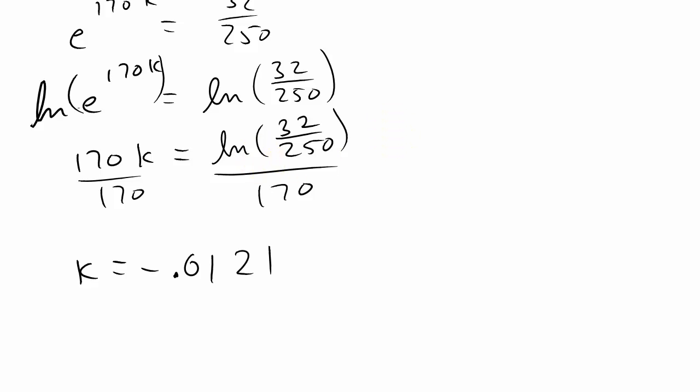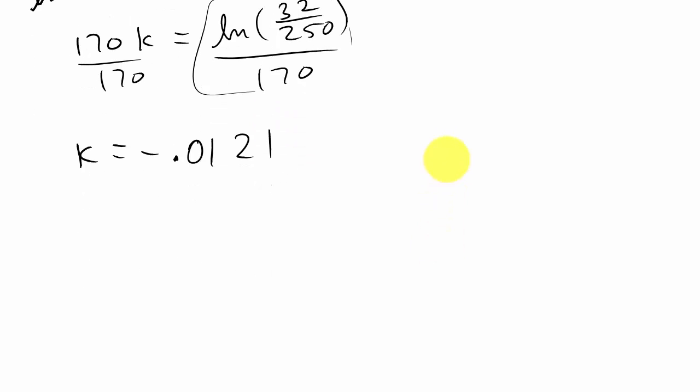Okay, so this is what I get for k. Now it goes out to more decimals, but for the video, I'm going to round it to 4. You can also just leave it like this if you want, but I'm just going to punch it into the calculator and get k to be a decimal.